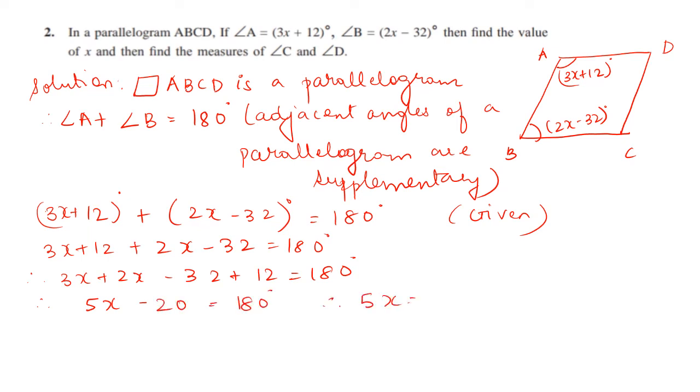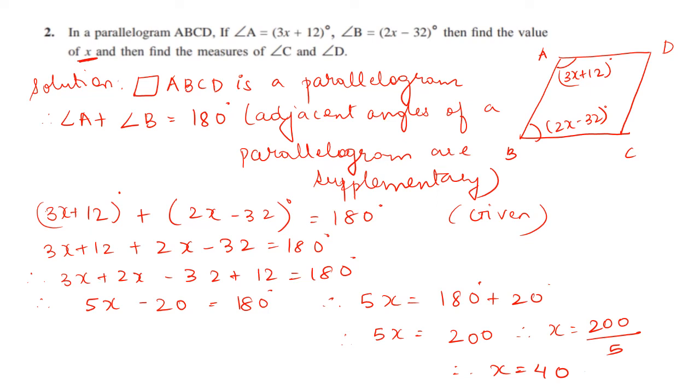Therefore 5x is equal to 180 plus 20, which is 200. So x is equal to 200 upon 5, that is x is equal to 40. So we have found that the value of x is 40.